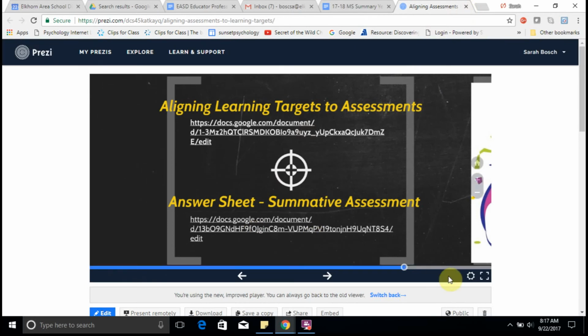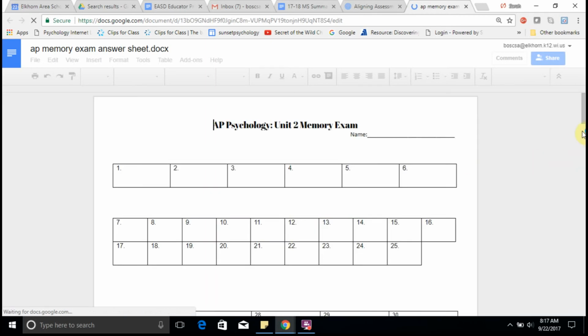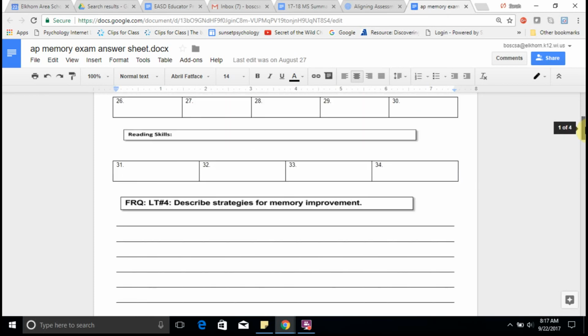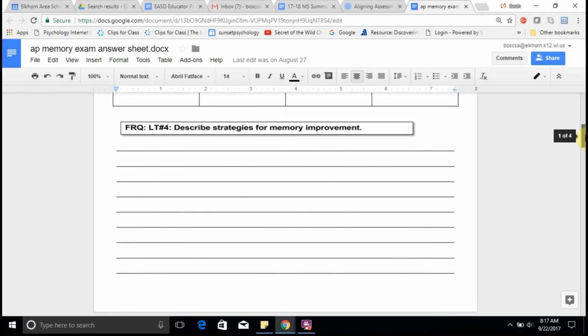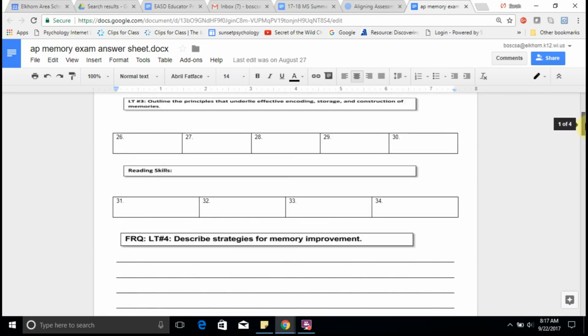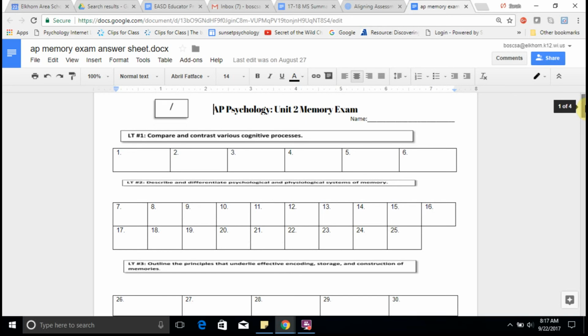Now, something else that's very beneficial is this answer sheet that went along with this assessment. If you look, the answer sheet is also divided up into learning targets as well, which gives a very clear outline. You can see here there's writing that's involved in this assessment as well. It gives a very clear picture of what a student knows and is able to do.